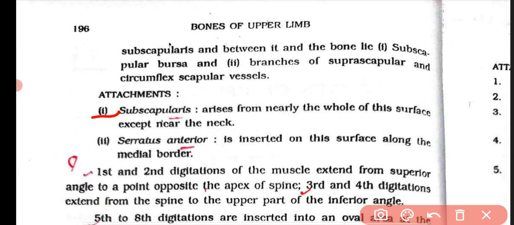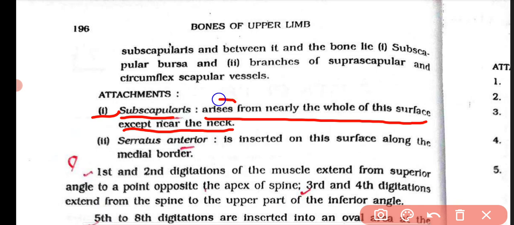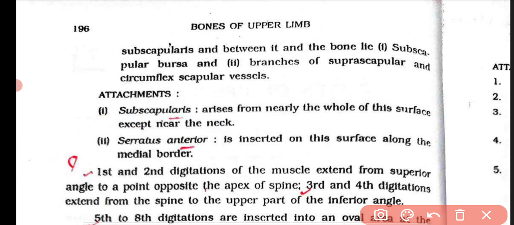The subscapularis arises from nearly the whole of the surface except at the border. The subscapularis muscle arises, meaning originates, from the whole costal surface except near the neck of the scapula.